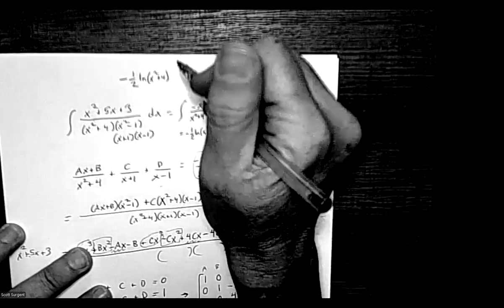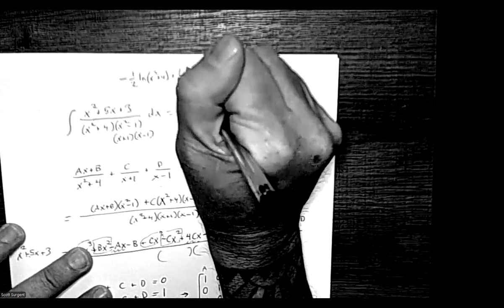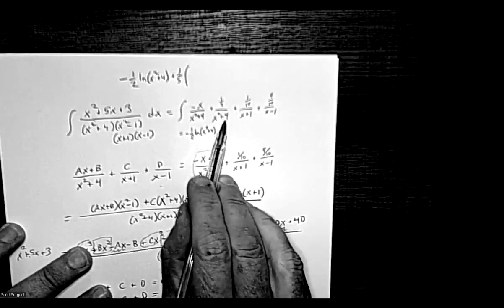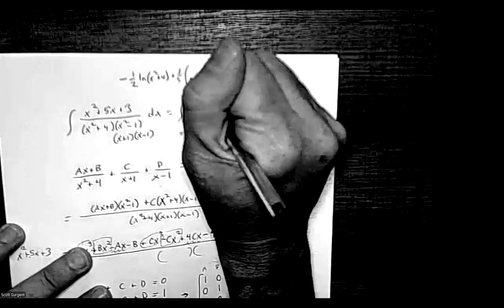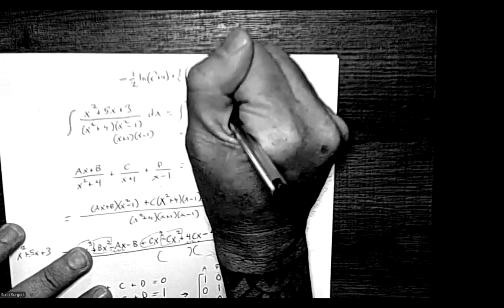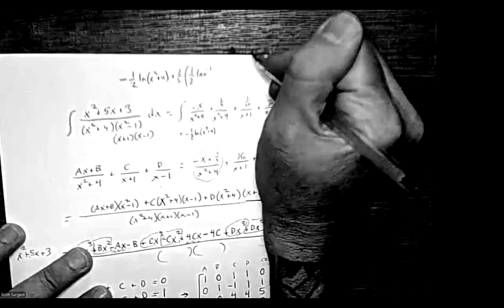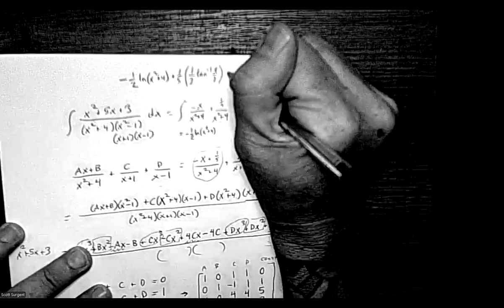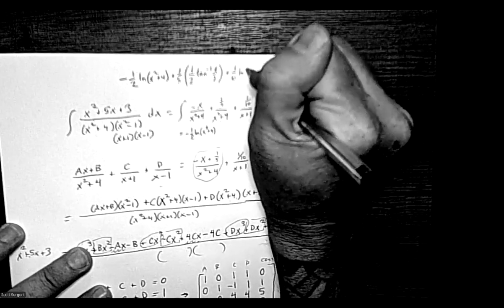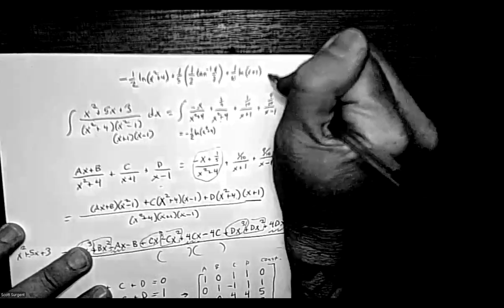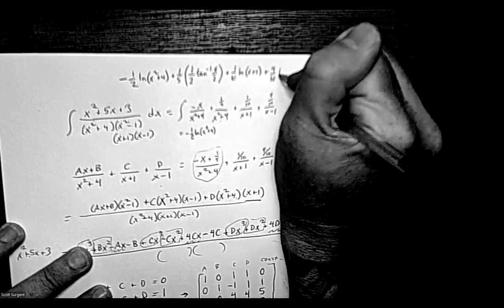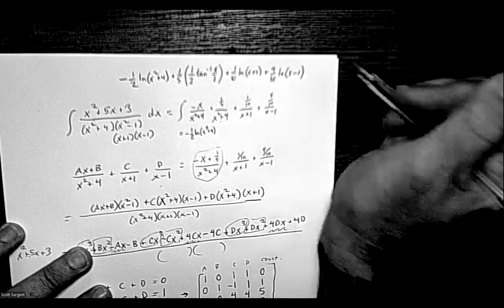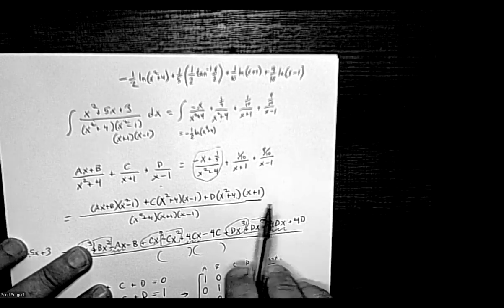You have a 1/5 out in front. It's 1/5 times the arctangent. So you have to know this form. For x squared plus a squared, it's going to be 1 over a, which is 2, and then arctan of x over 2. And then here you just got a couple of natural logs. You got 1/10 ln x plus 1, and then 9/10 ln x minus 1. And that is your glorious answer.